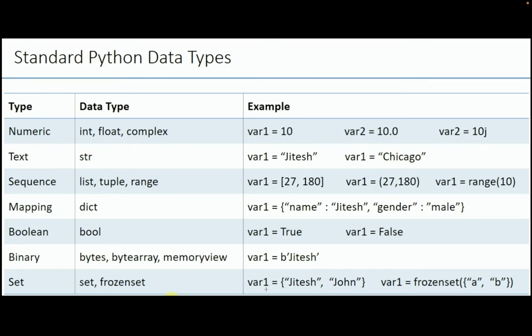The set in Python can be defined as the unordered collection of various items enclosed within curly braces. The frozen set is the immutable form of the normal set. It means we cannot remove or add any item into the frozen set.